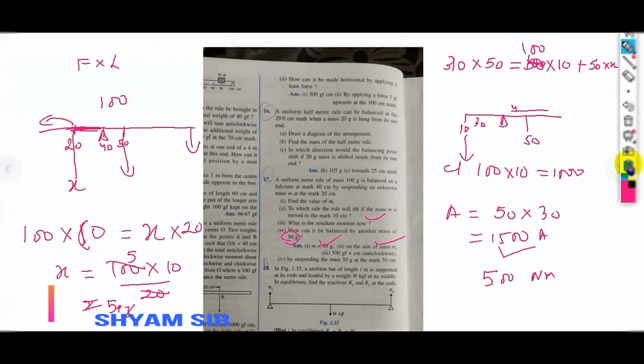Now the final question is 18 in the figure. The uniform bar of length L is supported at two points and loaded by W in its middle. Find the reactions R1 and R2.